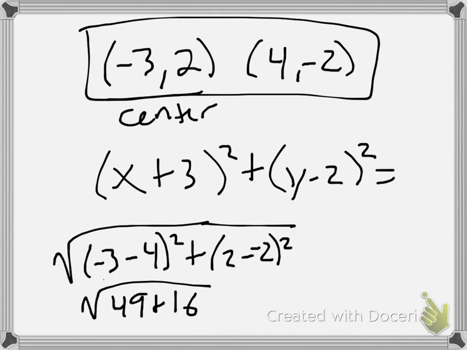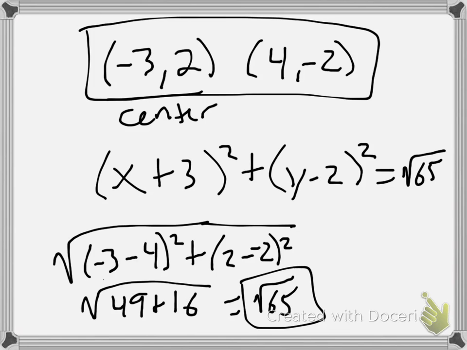So 49 plus 16 is 65. Technically, that's what my r squared value is. This is going to be equal to your r value squared, because that's what the circle equation is. And you'll notice the square and the square root cancel, so essentially that part is not there.